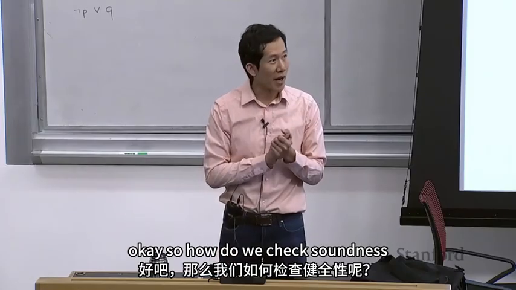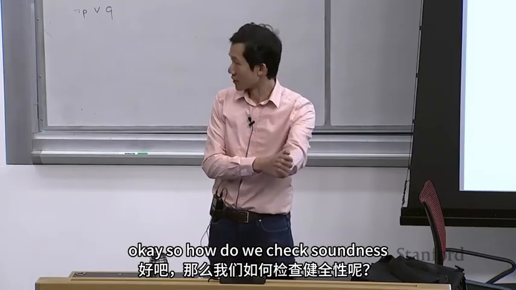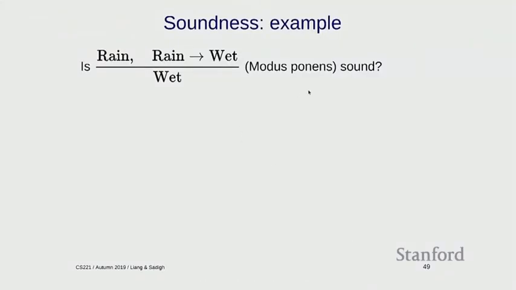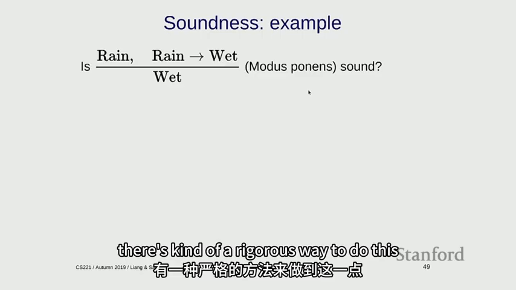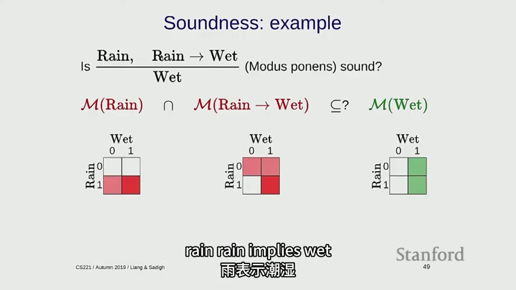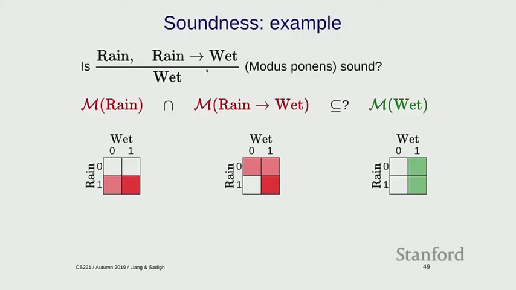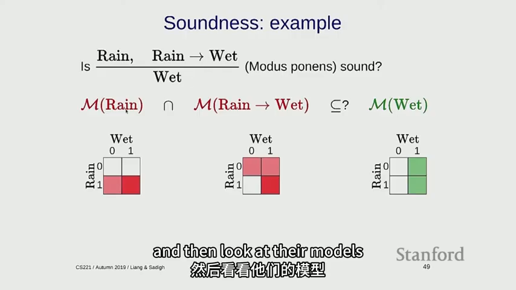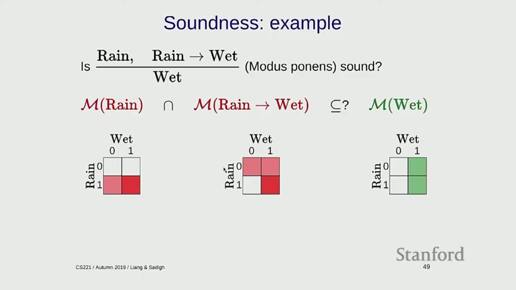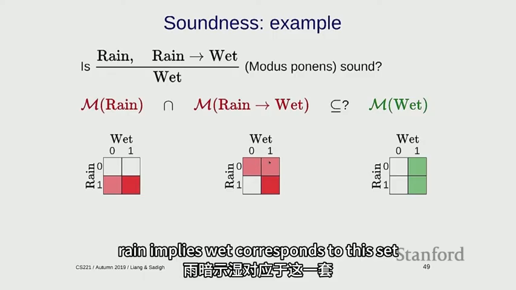Okay, so how do we check soundness? So is modus ponens sound? Remember, there's a rigorous way to do this, and the rigorous way is to look at two formulas, rain and rain implies wet, and then look at their models. Rain corresponds to this set of models here. Rain implies wet corresponds to this set.